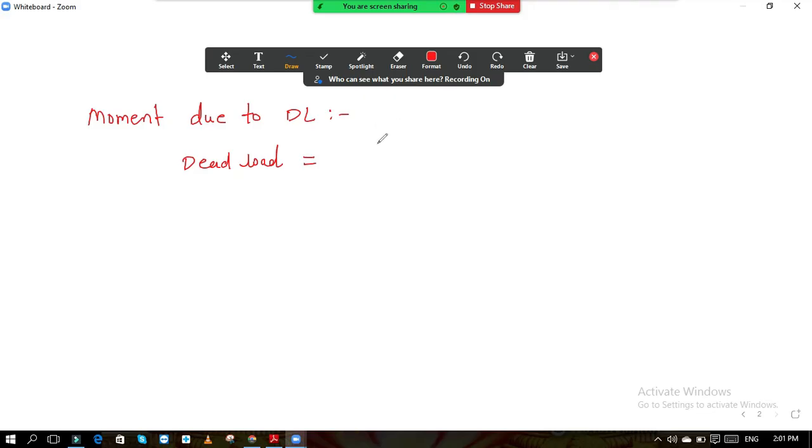Take the cross sectional dimensions, 0.45 into 0.75, per meter length.